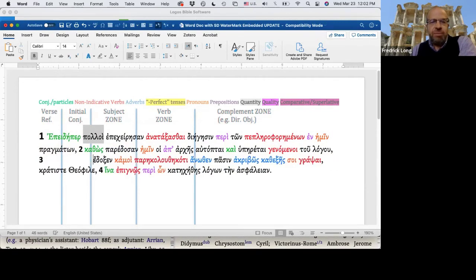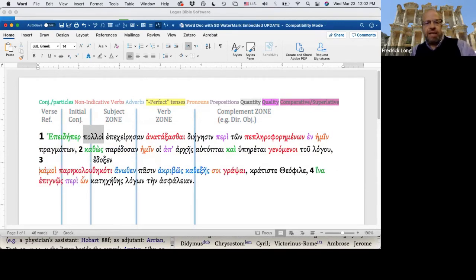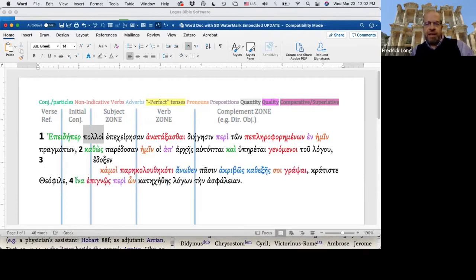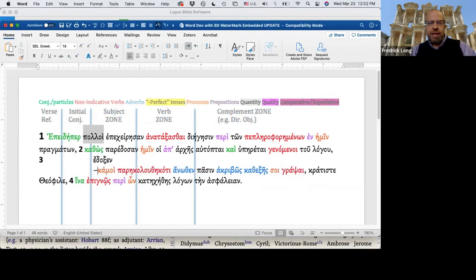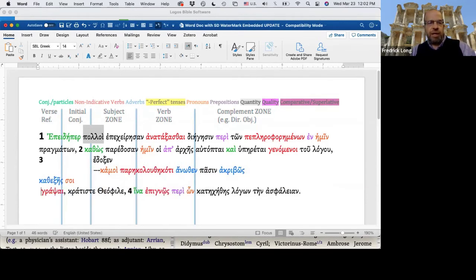It seemed also to me, and here what I'm doing is some semantic diagramming, and I think this is something I teach in my Koine Greek grammar. So to write seemed good to me, to write accurately. So in order to write things in order for you.